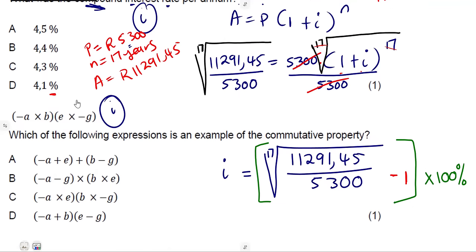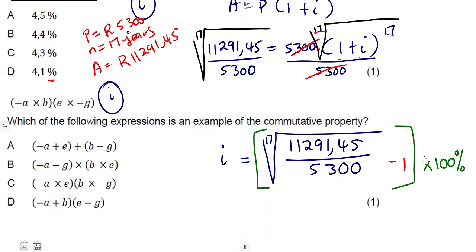So you must avoid simplification unless you are going to store your values inside of your calculator. For the sake of exact values, do not simplify. Simplify at the final point.